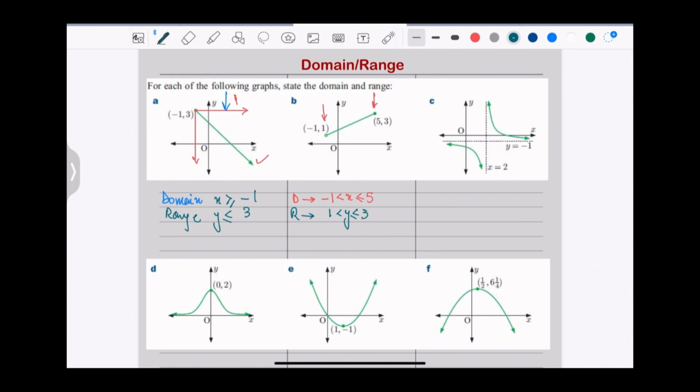If you want to write the domain in any other format, it's going to be (-1, 5] with a round bracket and a square bracket, and the range is going to be (1, 3] with a round bracket on 1 and a square bracket.